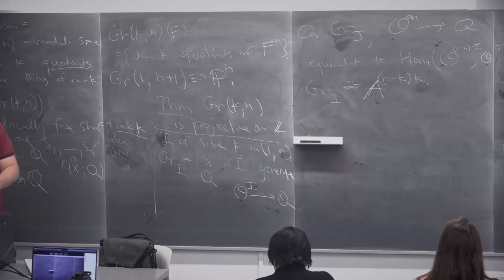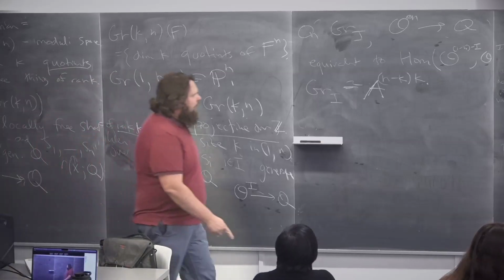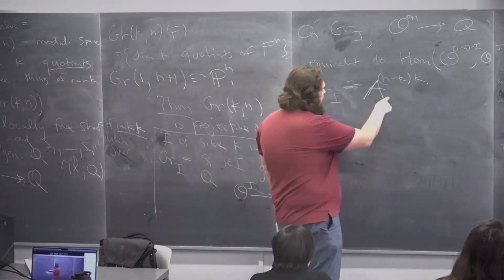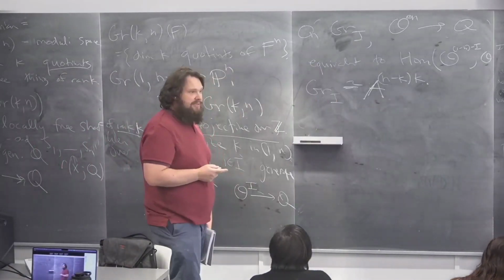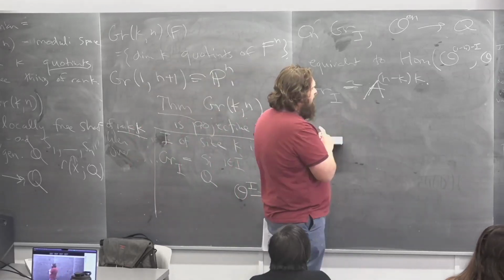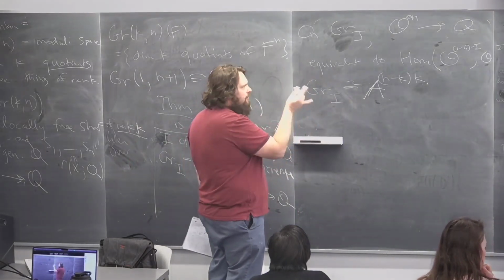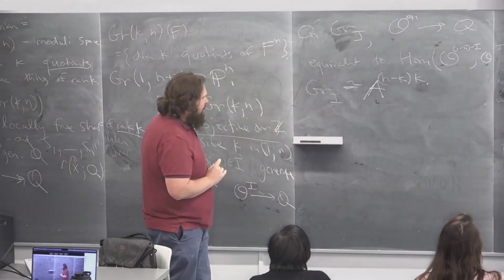Okay, and oh yeah, we're out of time. So this open cover by schemes shows me that this is a scheme. It's glued together from finitely many copies of affine space, where the inclusions I can figure out from what happens when I lie in both of these.